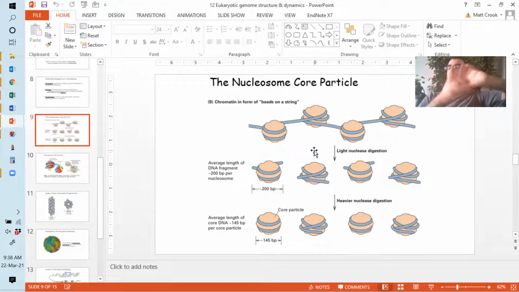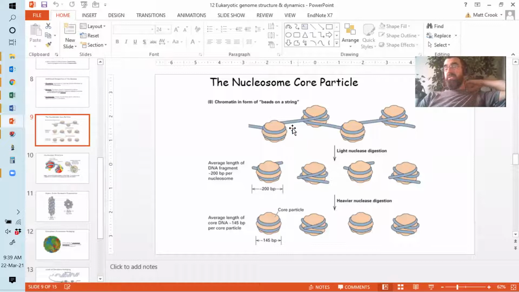One, it allows these things to twist and get wrapped tighter, potentially. And two, the other main one, is you can actually slide these beads up and down the DNA, right? So these are not static in place things. They're things that can vary in location.